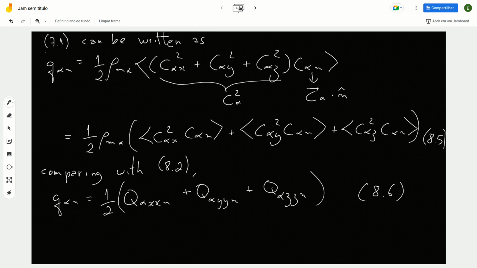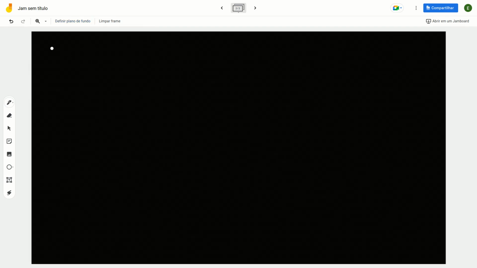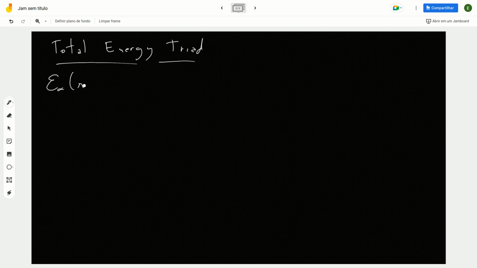Now, to finish this chapter, let's just write another triad. It is the total energy triad. Another third order tensor. It's defined by this: rho m alpha times v. It looks like Q, the heat flow tensor, but it does not include the U component.